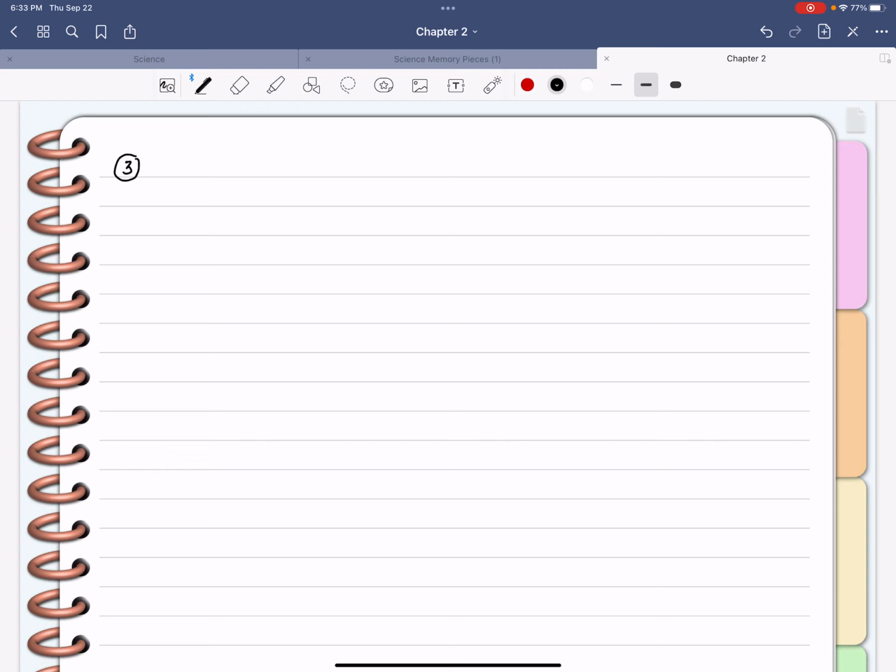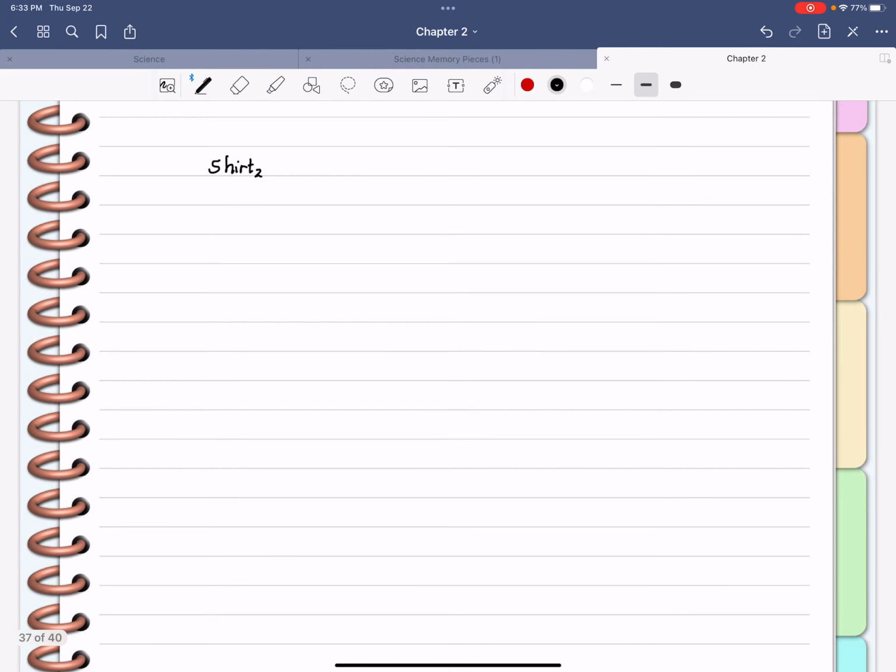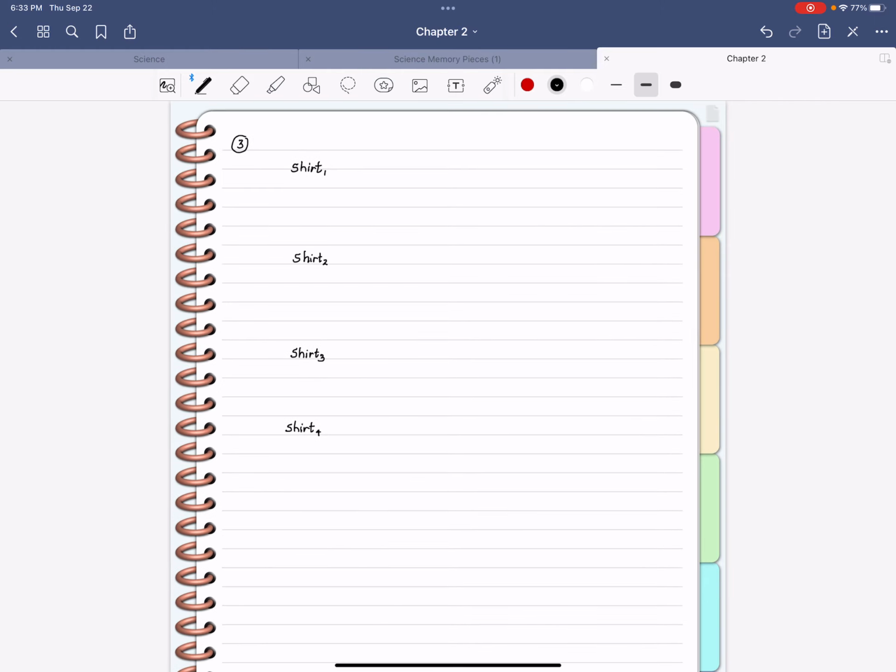So first, I'm going to list all the shirts. So I'm going to list shirt 1, shirt 2, and you may have guessed what I'm building here, shirt 3, and shirt 4. And I'm just using those little subscripts to designate the different shirts.